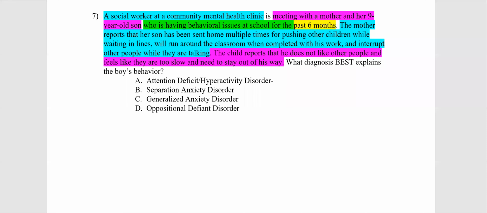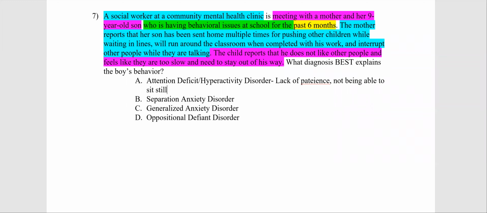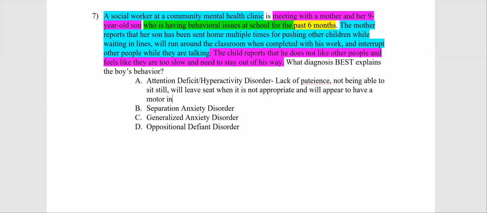So let's break down each of the possible disorders, compare it back to the question to see what we're looking at in the situation. So ADHD, or attention deficit hyperactivity disorder: lack of patience, not being able to sit still, will leave their seat when it is not appropriate, and will appear to have a motor in them.